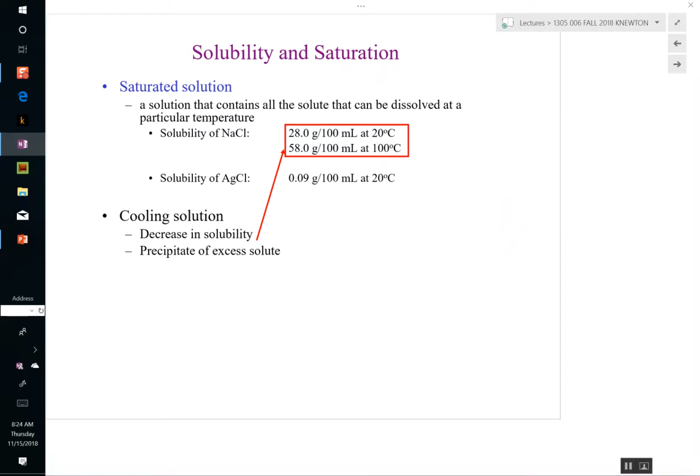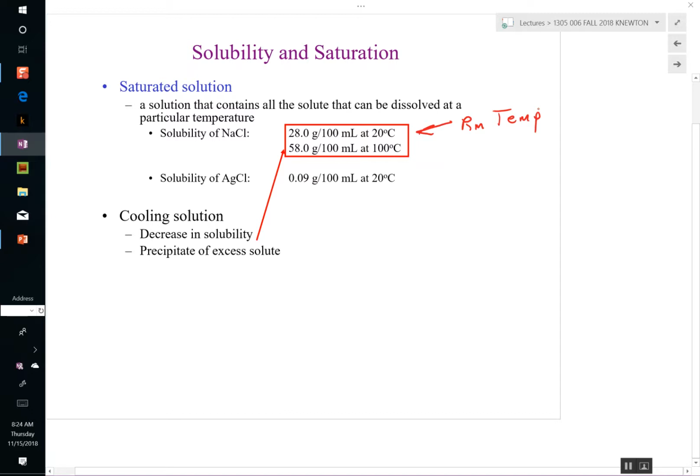At room temperature, 20 degrees centigrade, roughly, depending on what room you're in, but that's a common temperature. Like here, it is 21 degrees centigrade right now. You can dissolve 28 grams of sodium chloride in 100 milliliters of water.